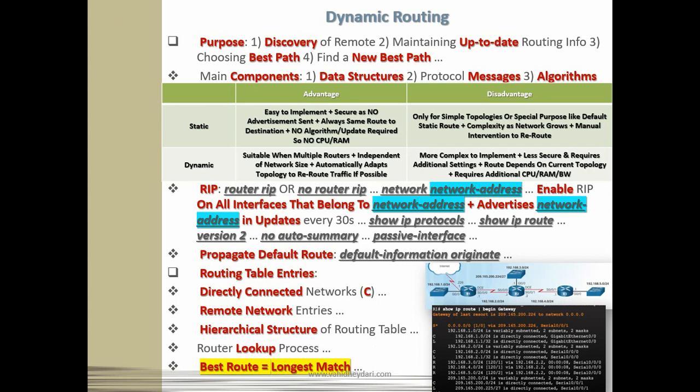Next, we have the route lookup process. If the best match is a level 1 ultimate route, whereby we know where to go, the next hop IPv4 address or exit interface is determined already, then this ultimate route is used to forward the packet. The lookup process continues if the best match is a level 1 parent route.